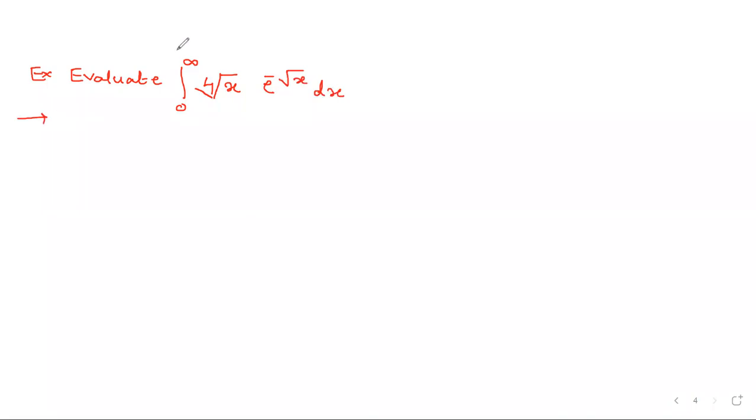Limit is 0 to infinity and integral is our 0 to infinity e raised to minus root x. This fourth root of x means x raised to 1 by 4. So power is 1 by 4, x raised to 1 by 4 कर लो, और dx, but root x को x raised to half करने की जरूरत नहीं है. This is equation number 1.